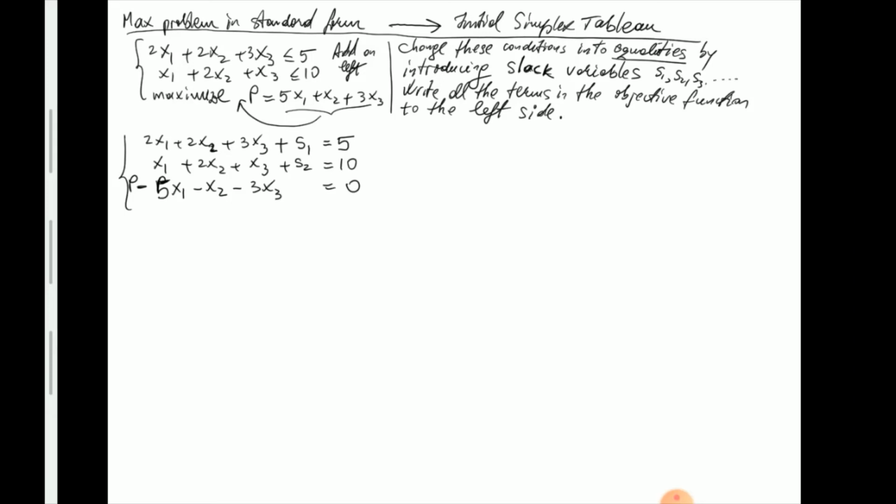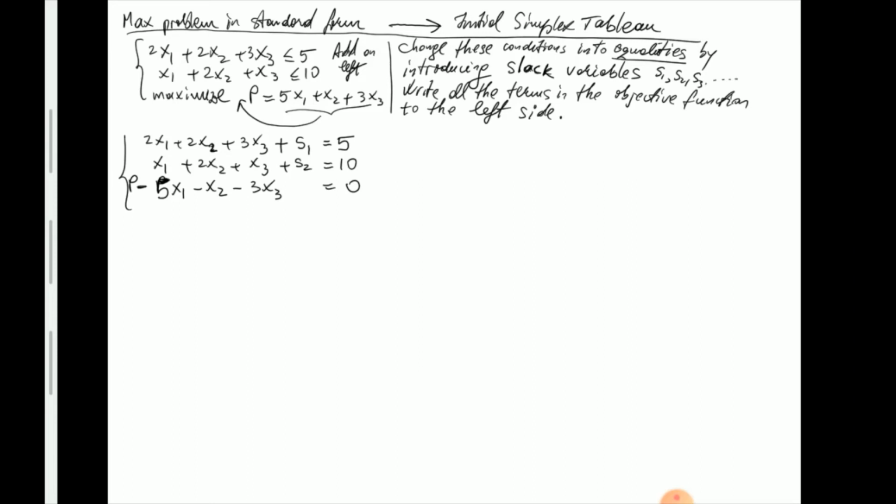I arranged it like that because I wanted to have these coefficients of x1, x2, x3 on top of each other, although that's not strictly necessary. So this is the system that you obtain from the original problem in terms of these slack variables and these equalities.